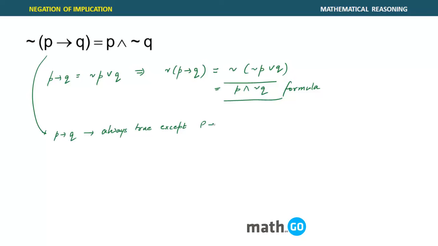When P is true and Q is false. So what will be the negation? It will always be false, except in this case, because at this particular stage this will be written true and everything else will become false.